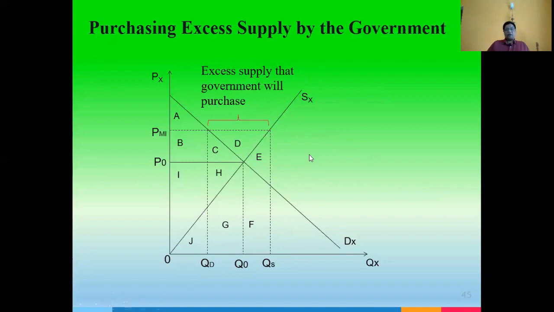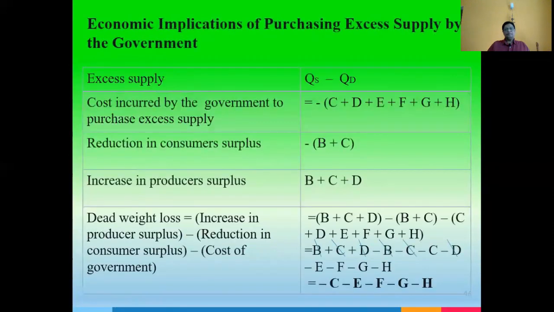Right. I would like to discuss again without the diagram for your easy understanding. Excess supply is given by the difference between QS and QD.